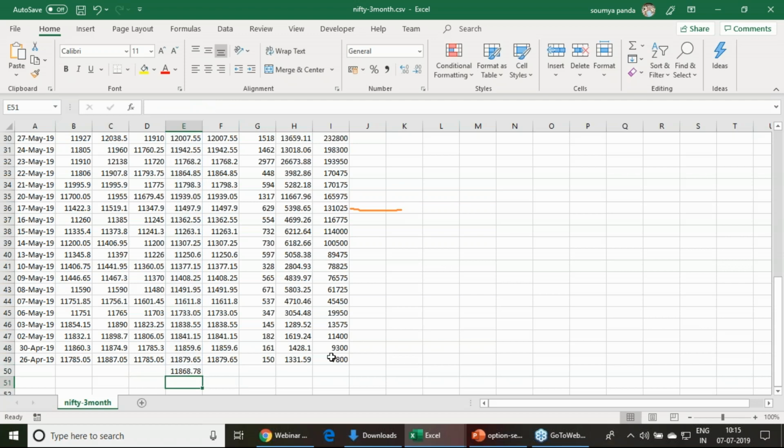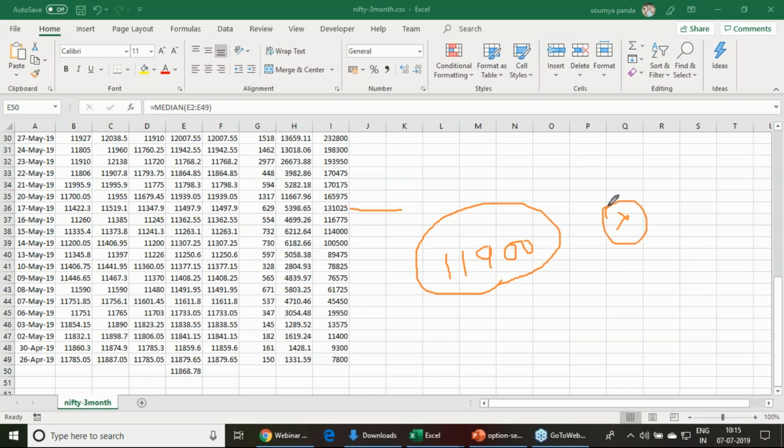So it gives me a median of 11,868.75. So I'll say that I'll be accepting the 11,900 strike only. I will not take any other strikes to calculate the IV rank and IV percentile, because this is the median, the middle, the axis around which your price has moved in the past 3 months.